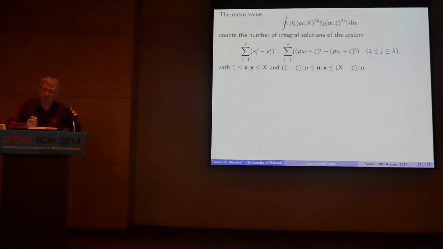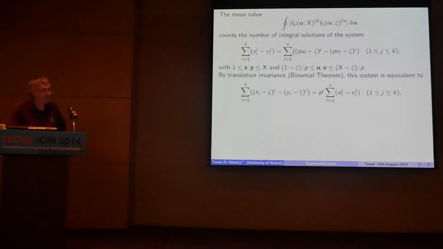This is just leading up to the next important feature, remember. By orthogonality, this mean value counts the number of solutions of a system of Diophantine equations, where some of these variables are in an arithmetic progression mod p. And this is where I'm using translation invariance: I can shift everything by this number c, so that every solution of this system corresponds to a solution of a new system of equations where the powers come out of the equations.